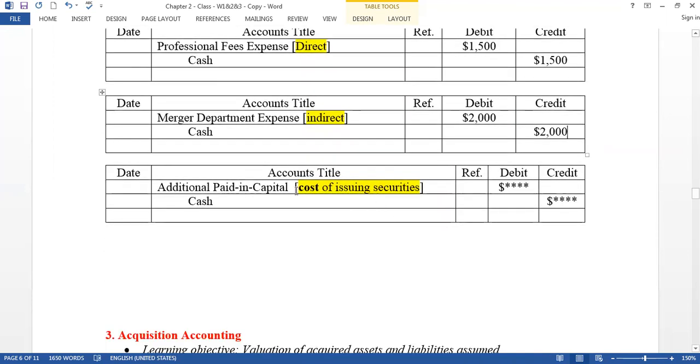And we have cost of issuing capital, it is 3,000.